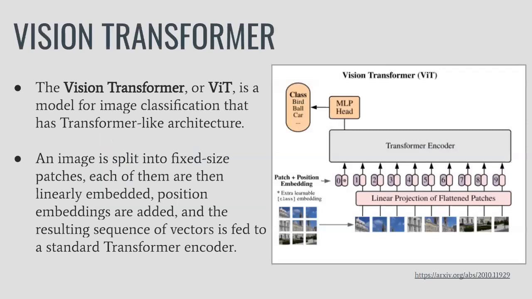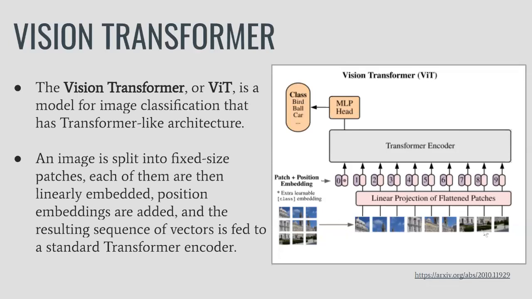Vision transformer, or famously known as ViT, is a model for image classification that has a transformer-like architecture, and it acts like a transformer-type architecture over patches, or I would like to say tokens, of the image. So basically here the image is split into fixed-size tokens, as you can see over here.